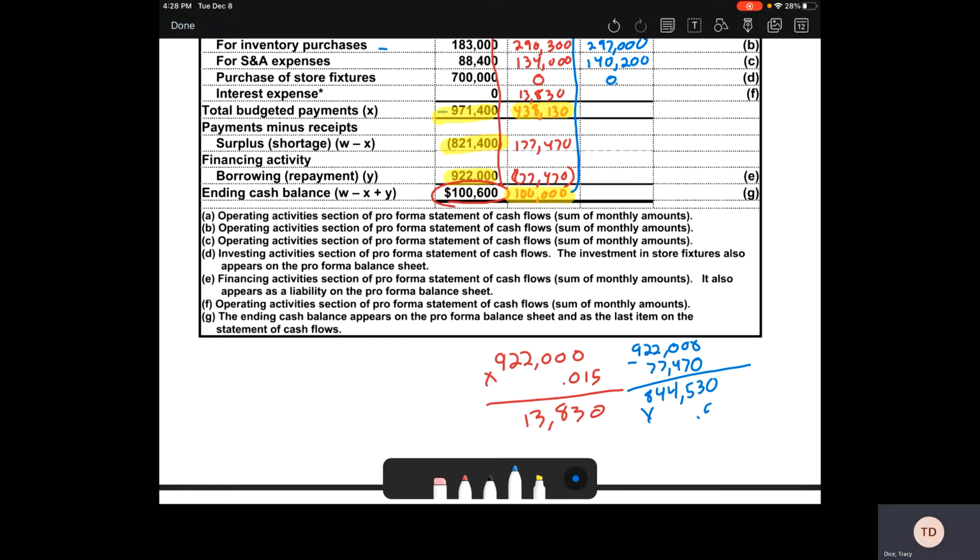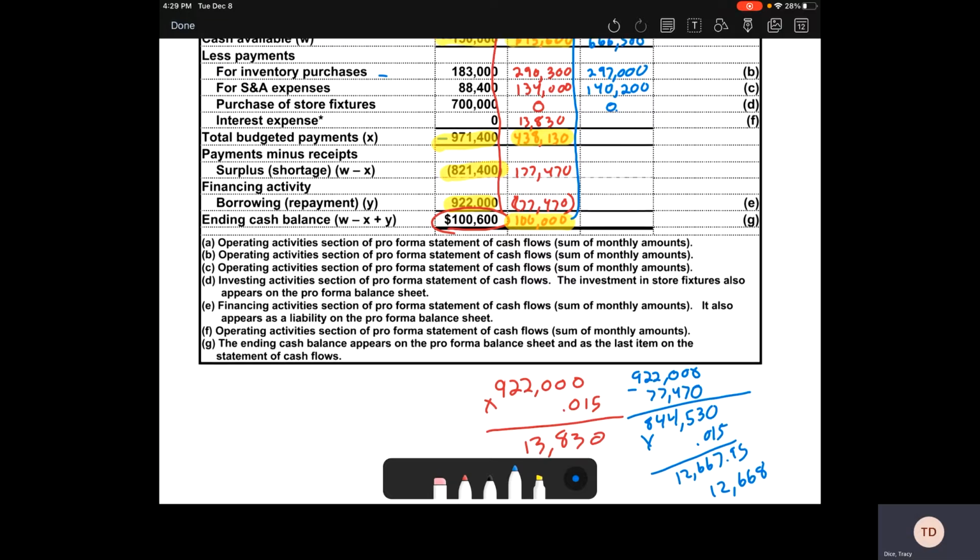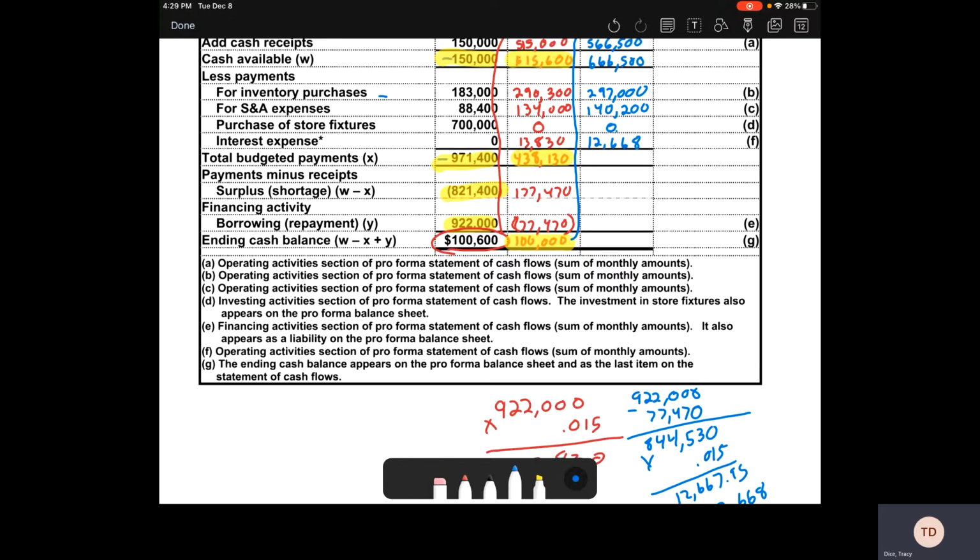Take that times 0.015 for our 1.5%. And again, we're doing this in whole dollars because this gives us $12,667.95. So when we round that, it then becomes $12,668. That's what our interest expense is, $12,668.